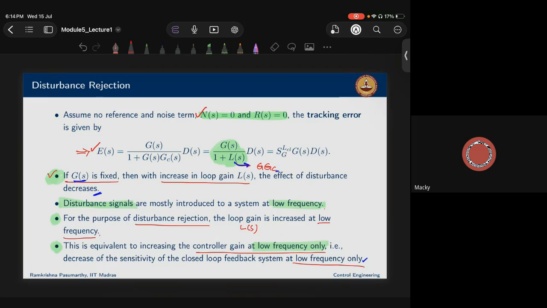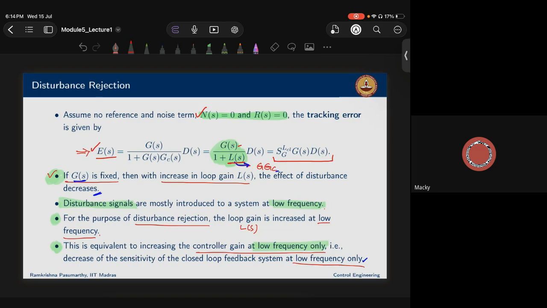In that error equation, you can modify it to this level, by keeping this g of s fixed and varying this L of s. Because L of s is in the denominator, if you keep on increasing the loop gain or loop transfer function L of s, the error can be reduced. This is the error due to the disturbance.